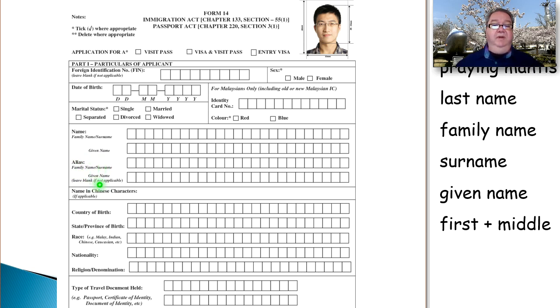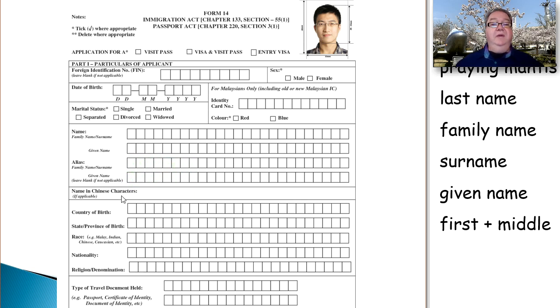Family name or surname, given name. For this class, your given name, sort of an alias for this class, is your English nickname. Okay? So in this box, write your English nickname. Your family name would be the same. Okay? So English nickname here, family name up here.